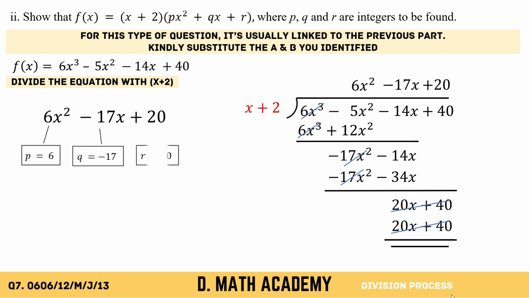If you need the full details on this calculation, you can refer to the previous part. So your p will now be 6, your q is negative 17, and your r is 20. So that's how you solve this particular type of question.